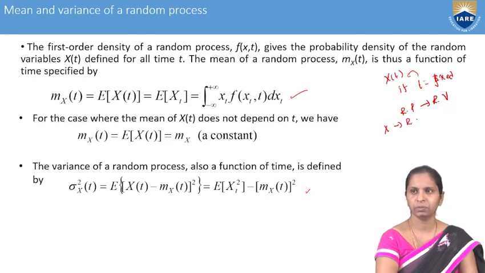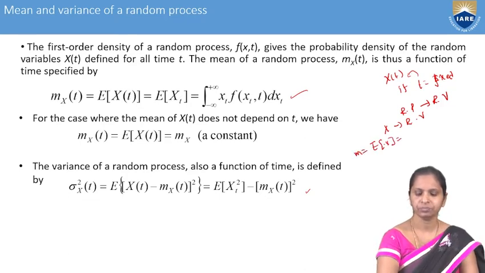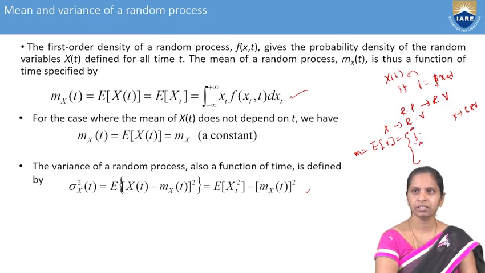So for a random variable x, what is the mean of a random variable x? m is nothing but the expectation of x, the mean of the random variable x. So if x is a continuous random variable, then what is the formula here? Integration from minus infinity to infinity.